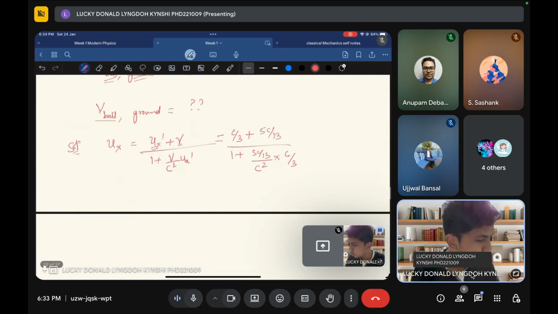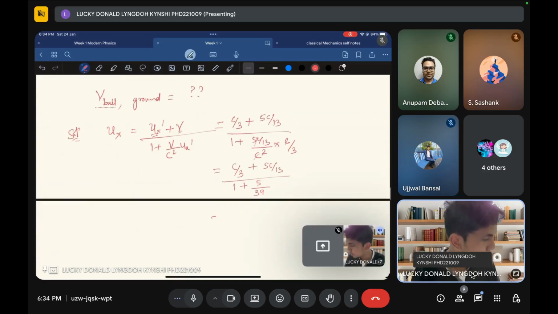Now you can solve this equation. The c and c square all get cancelled. Finally you will get c by 3 plus 5c by 13, divided by 1 plus 5 by 39. If you solve this, you will get 13c plus 15c by 39, divided by 39 plus 5 by 39, which gives 7 by 11c.